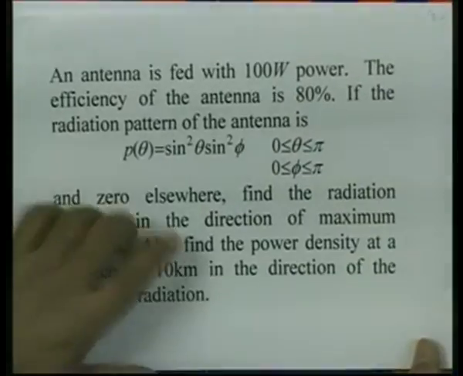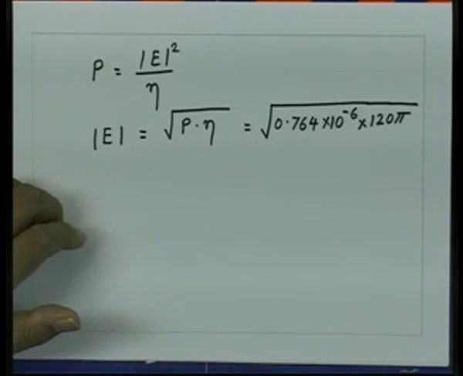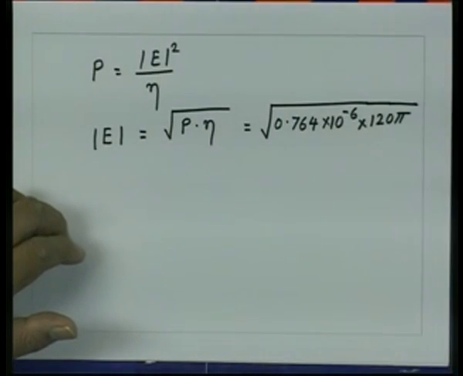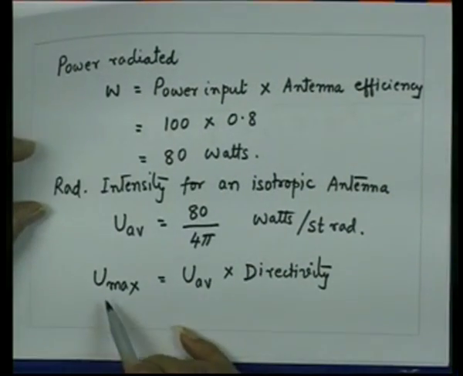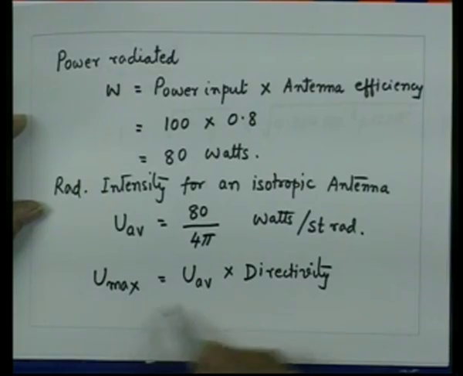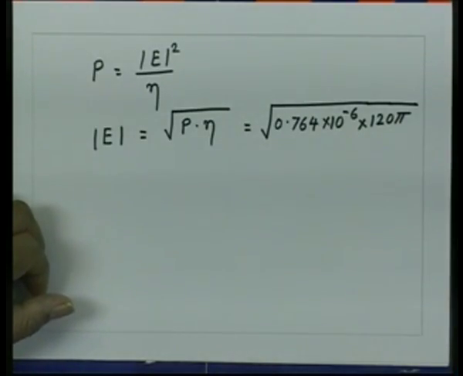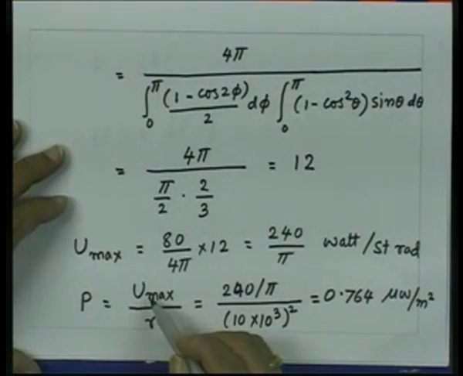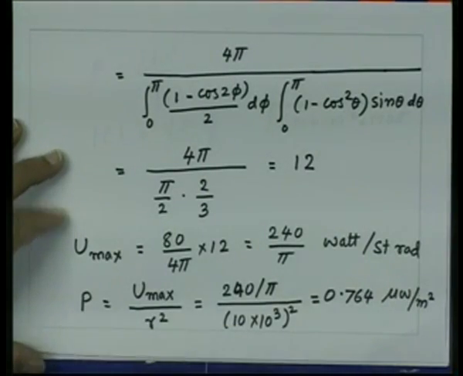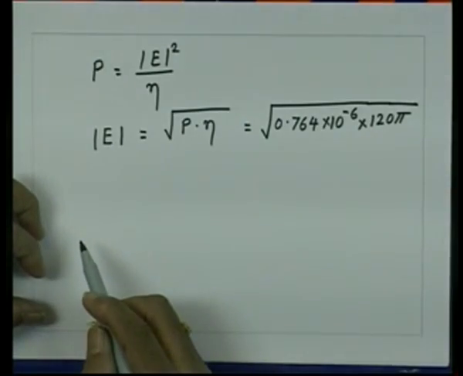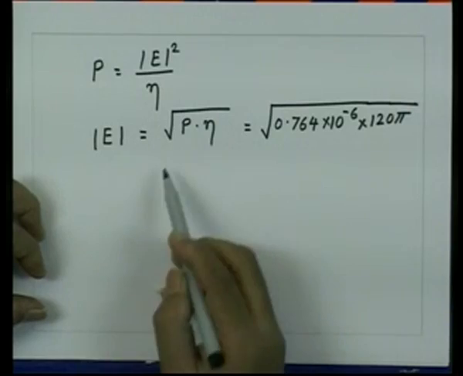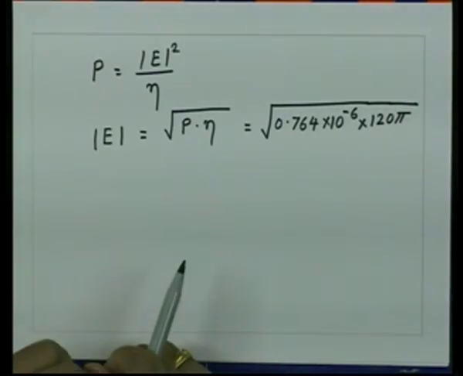So, first we find out what is the power radiated by the antenna, then we find out the directivity of the antenna, and then using this relation we find out the maximum radiation intensity, which is average radiation intensity multiplied by directivity. And once you get maximum radiation intensity, then you can calculate the power density, which is maximum radiation intensity by r square. And once you get the power density, then we can find out the electric field, which is square root of power density multiplied by the intrinsic impedance of the medium.